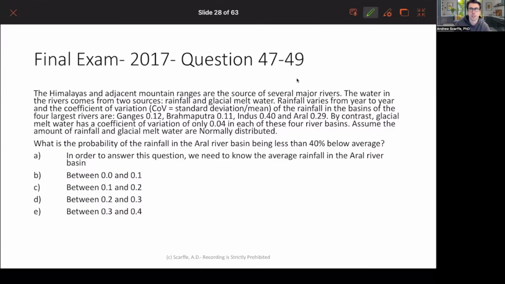So then the first question we're asked to deal with here is, what is the probability of rainfall in the Aral River Basin being less than 40% below average? This is a tricky problem, okay?